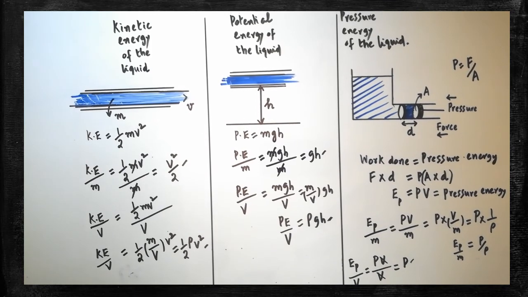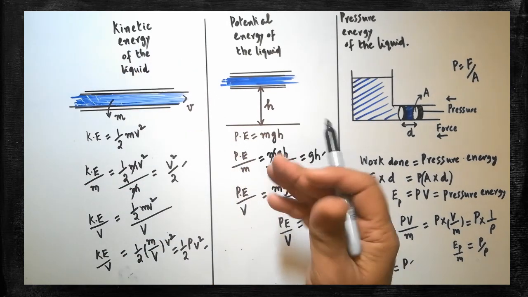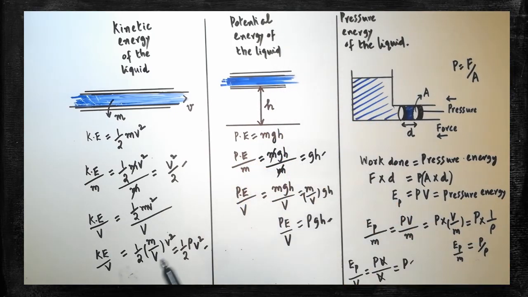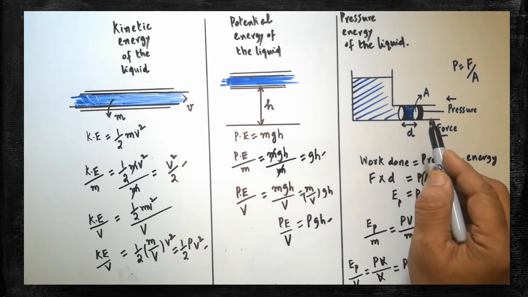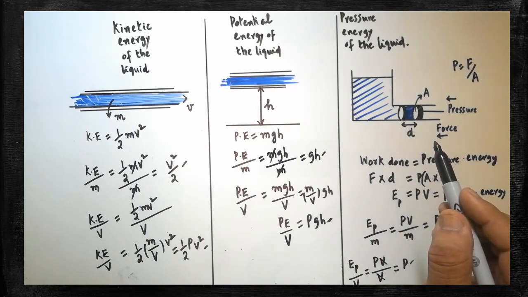Again, I would like to recall that there are three kinds of energies that may be possessed by the liquid, depending on the conditions. When the liquid flows through a pipe, it has kinetic energy. When the liquid is kept at a certain height, it possesses potential energy. When the liquid is pressurized, pressure energy is stored up within it.